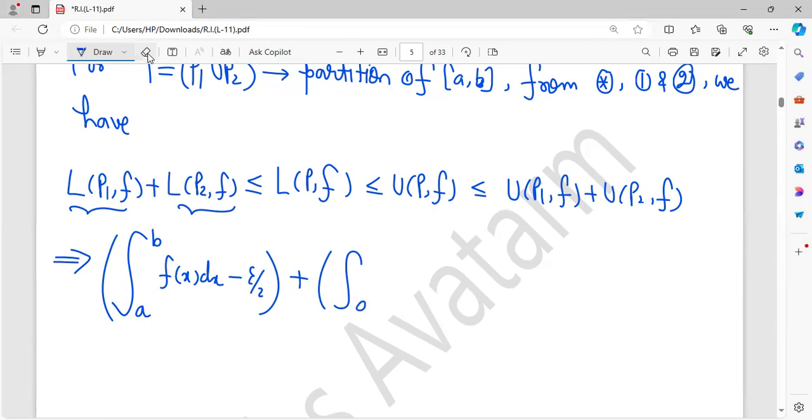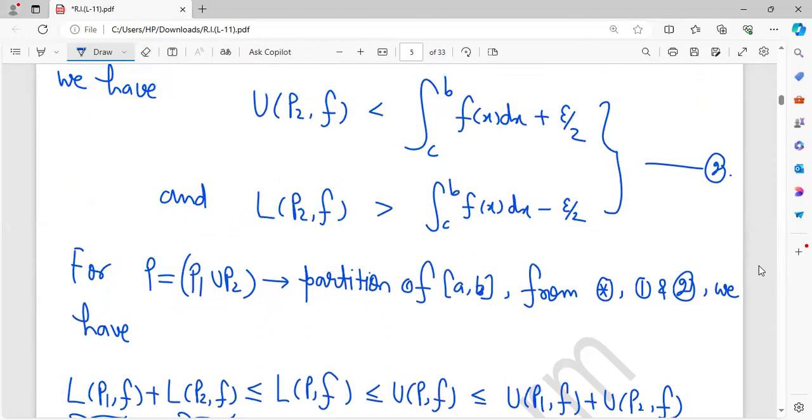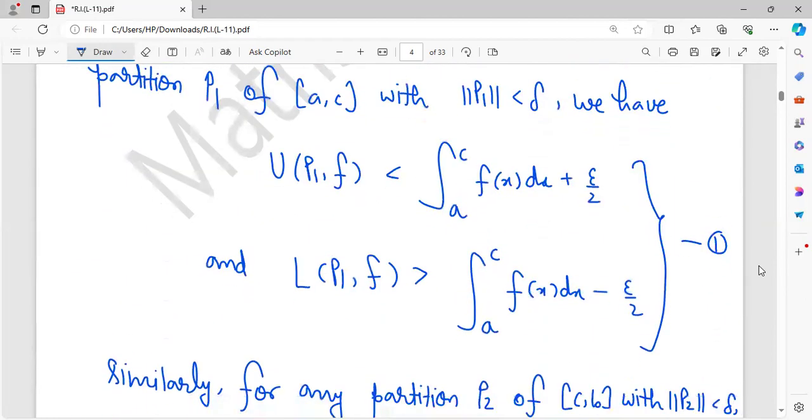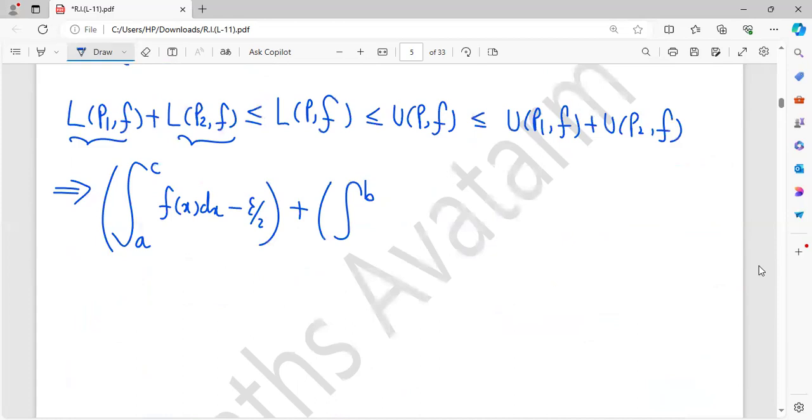This part is less than the integral from a to c, and this part is less than the integral from c to b, minus epsilon by 4.